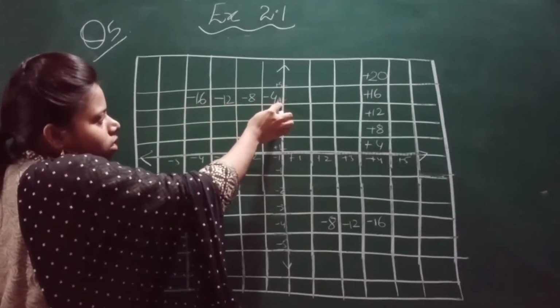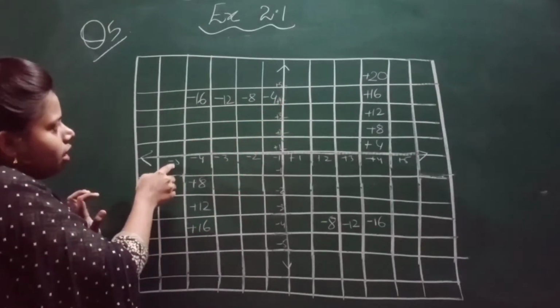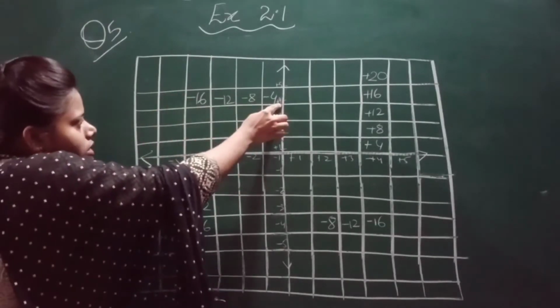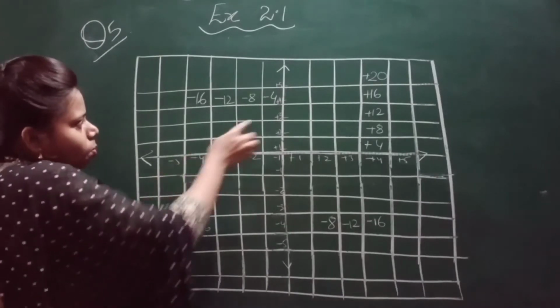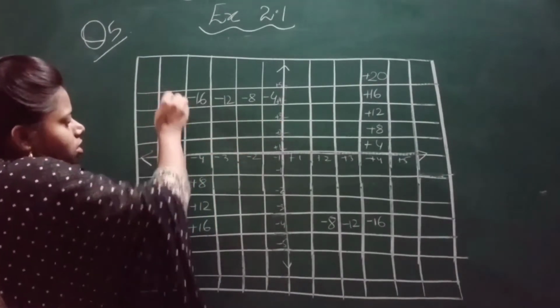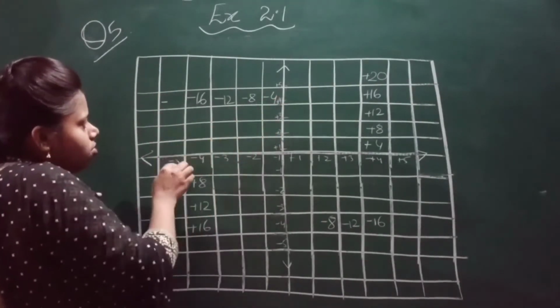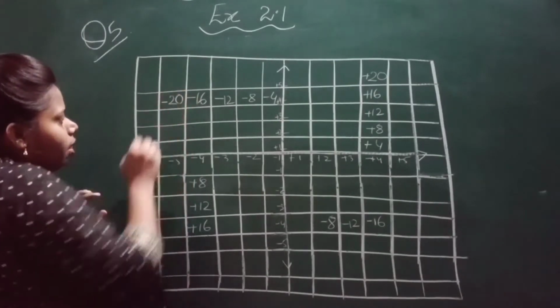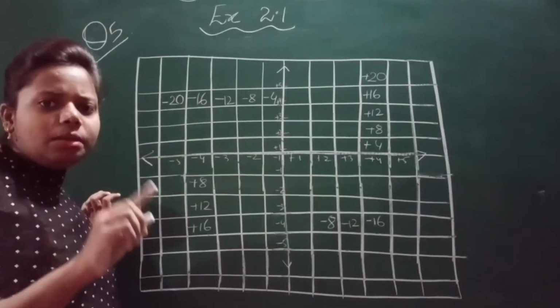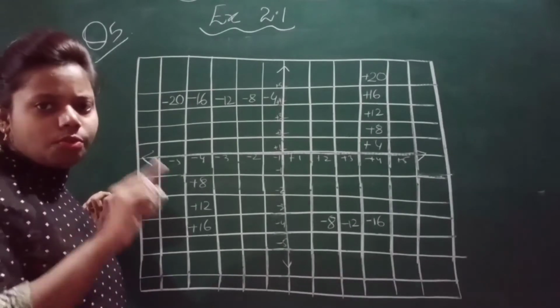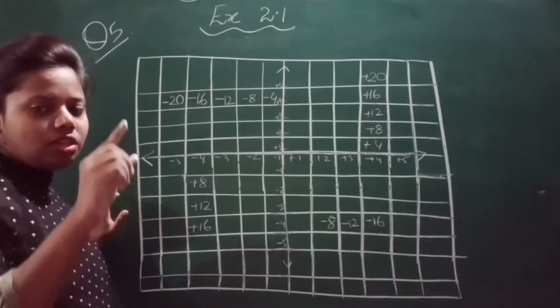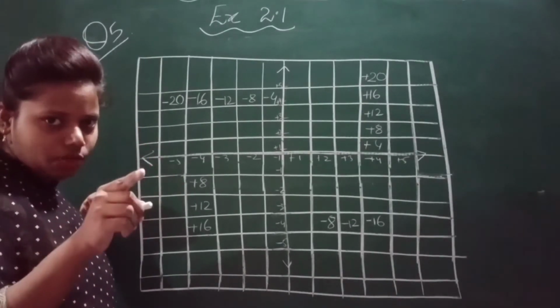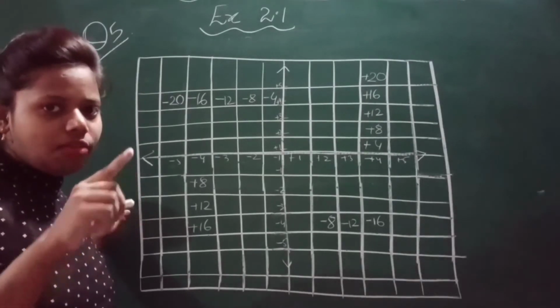Now this plus 4 will get multiplied by minus 5. Here you see it is empty. So plus 4 into minus 5: plus minus is minus, and 4 fives are 20. In multiplication of integers, you know that in addition we see the number with the greater absolute value and put that sign.